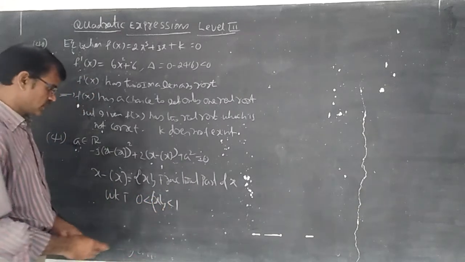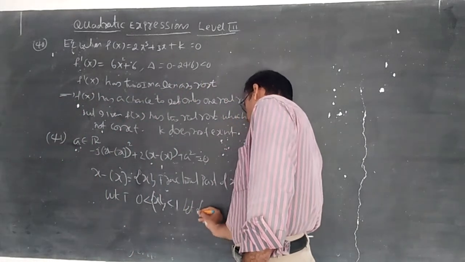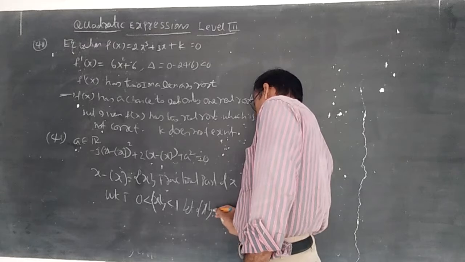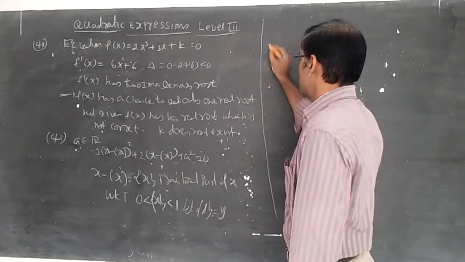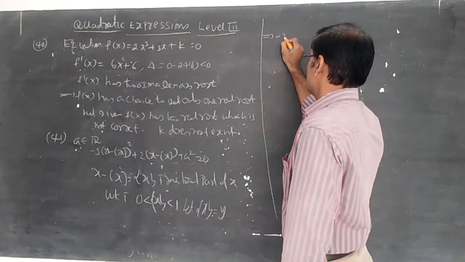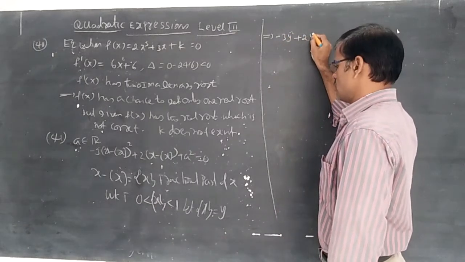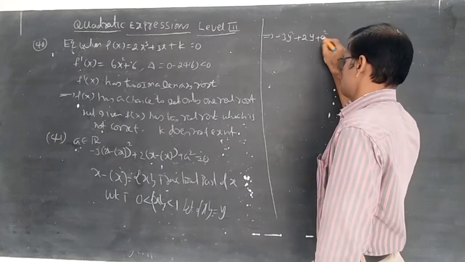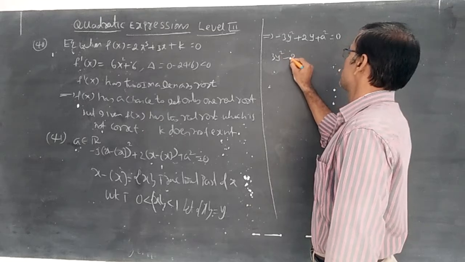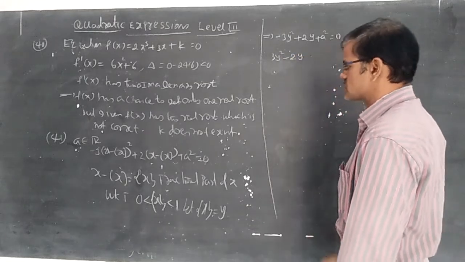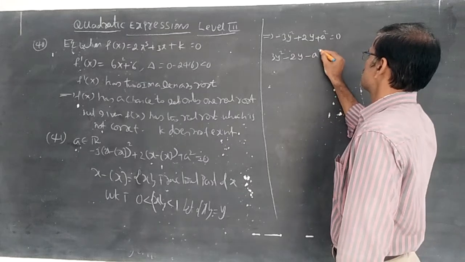Let the fractional part of x be equal to y. I take x minus [x] as y. That implies the equation becomes 3y square plus 2y plus a square is equal to 0. Multiplying by minus, 3y square minus 2y minus a square is equal to 0.